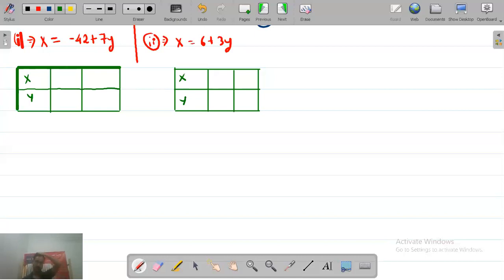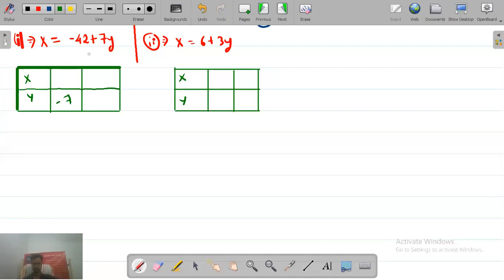Now see, suppose when you put y equal to minus 7, then what will be the value of x here?